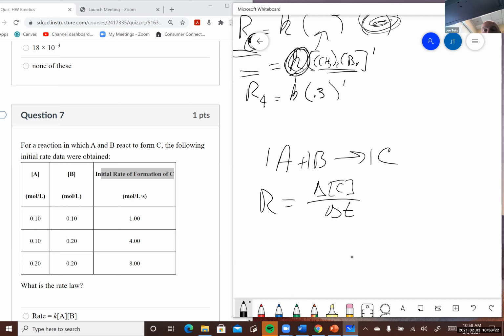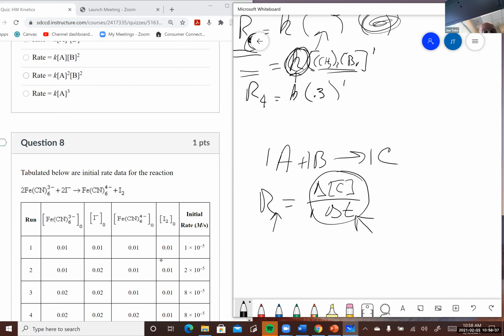This is the rate of production or formation of C. So the overall rate equals what they're giving you there. So no problem. It's just doing more of the same.